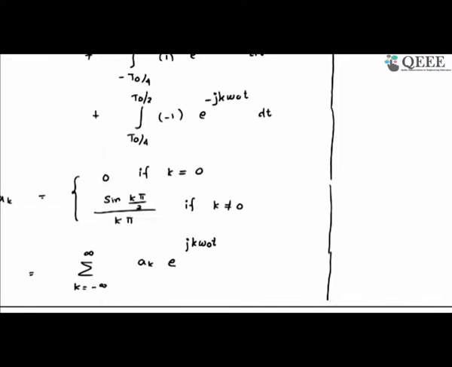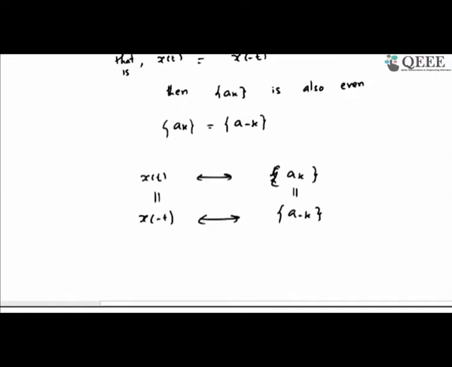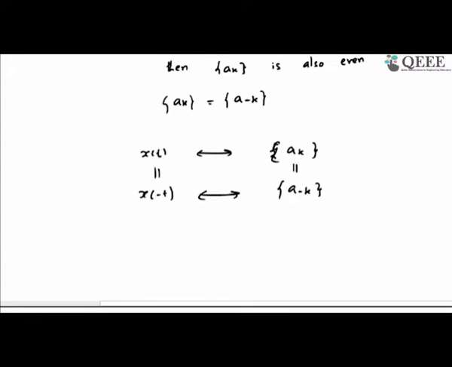So easily you can verify that the coefficients corresponding to positive kth harmonic and negative kth harmonic are both identical. So sin k pi by 2 divided by k pi will be the same whether k is positive or negative. Okay, so this is also an even function. So for any even signal, the Fourier series coefficients will be symmetric, in the sense that the coefficient corresponding to minus kth harmonic and the coefficient corresponding to plus kth harmonic are the same.